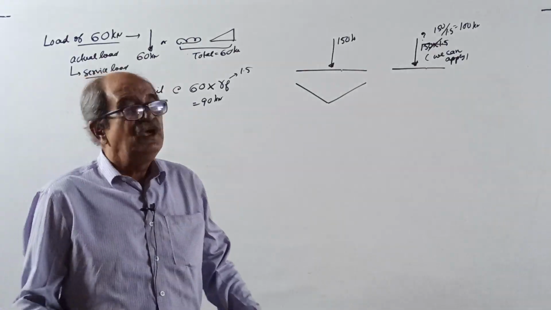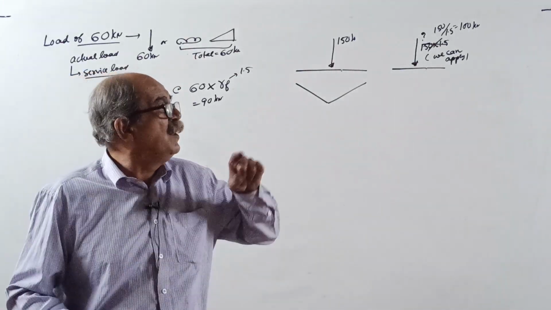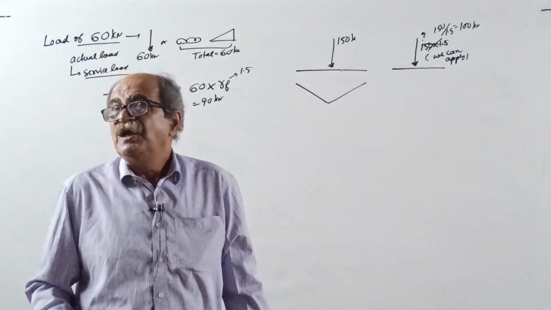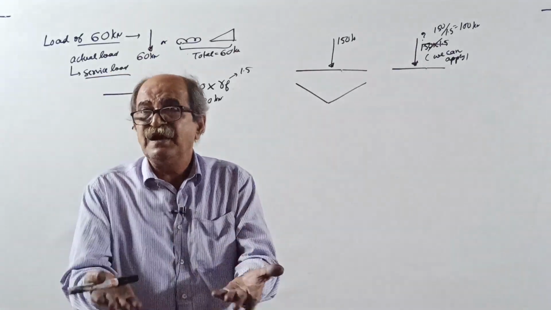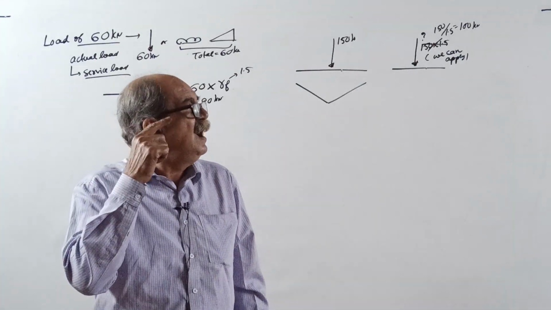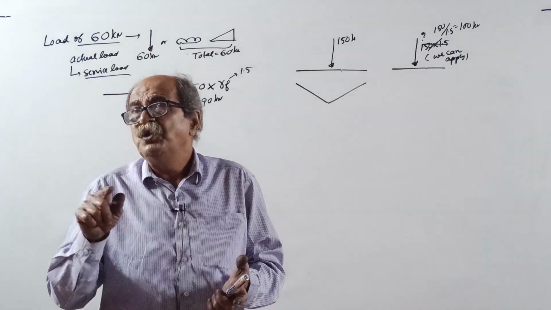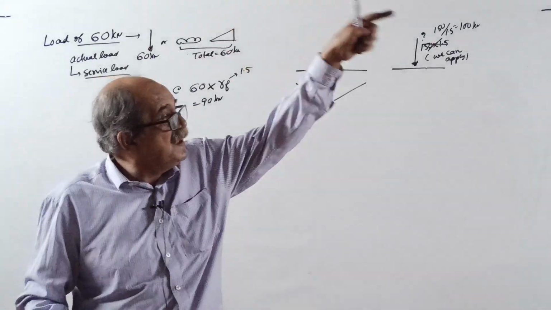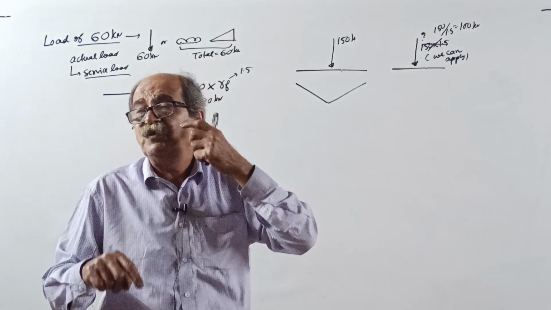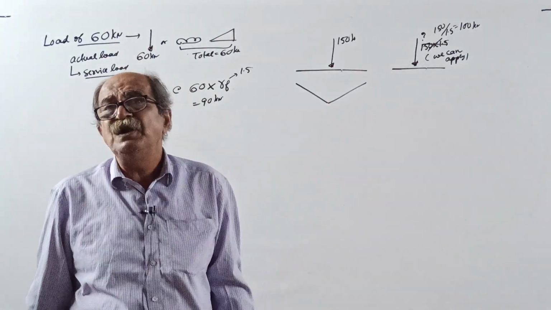See, sometimes in one question only, in one place I will multiply, in one place I will divide. In the questions coming in the next class, in one problem, for point load I will multiply, for UDL I will divide. In the next question, I will set it the other way: for the UDL you divide, but for point load you multiply.